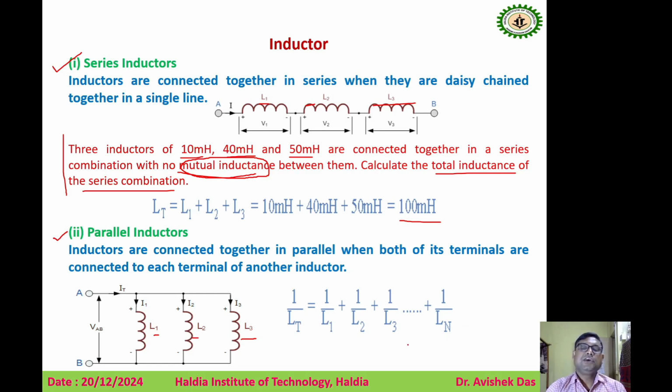So up to this we can find out that when the resistor, capacitor and inductor are connected in series or in parallel, we can determine the equivalent resistance, the equivalent capacitance and the equivalent inductance.